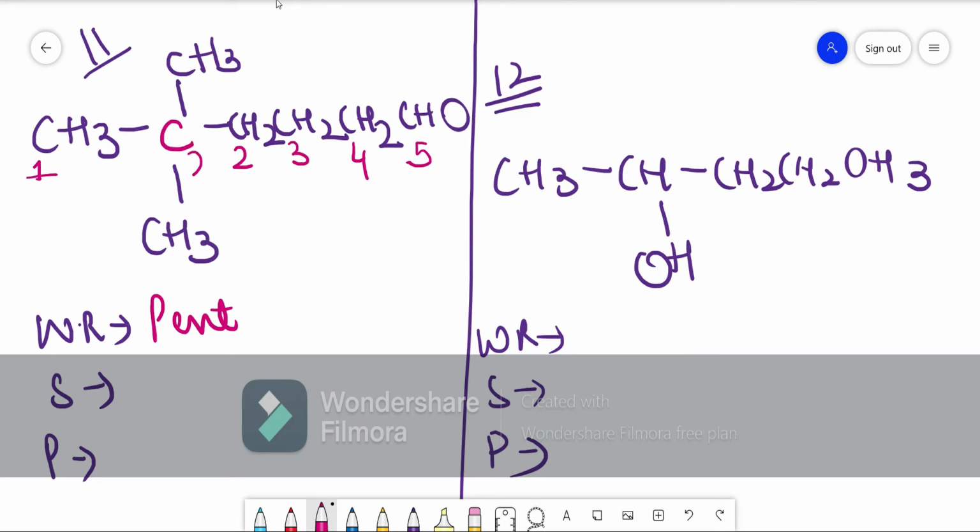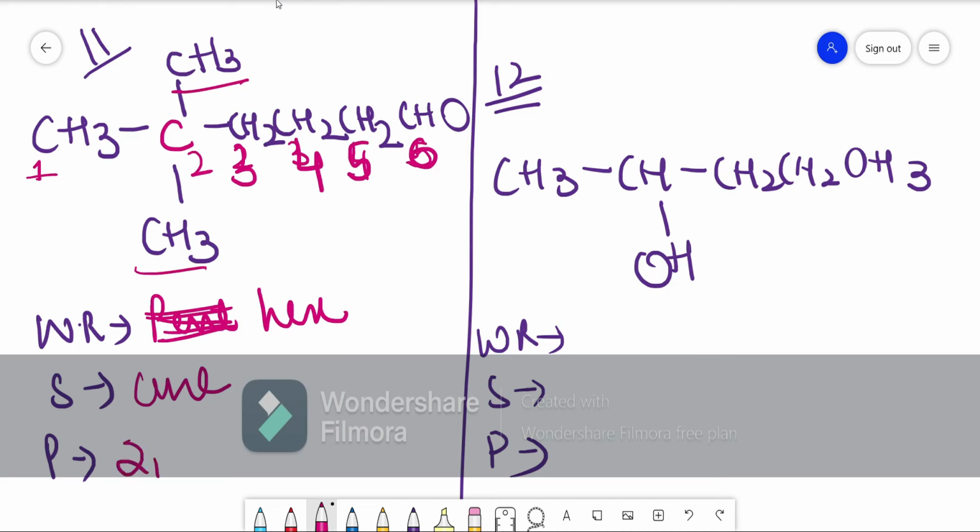Okay. So 1, 2, 3, 4, 5, 6. Yeah. So we use the word hex. If I talk about the bonding, it is single, so we use ane. If I talk about the prefix, then you can see a methyl group is present here, right?